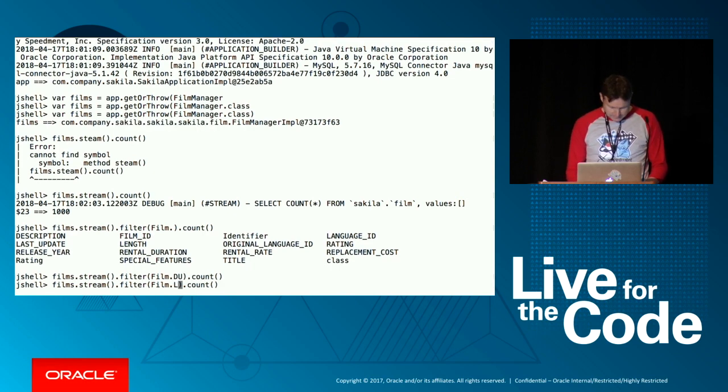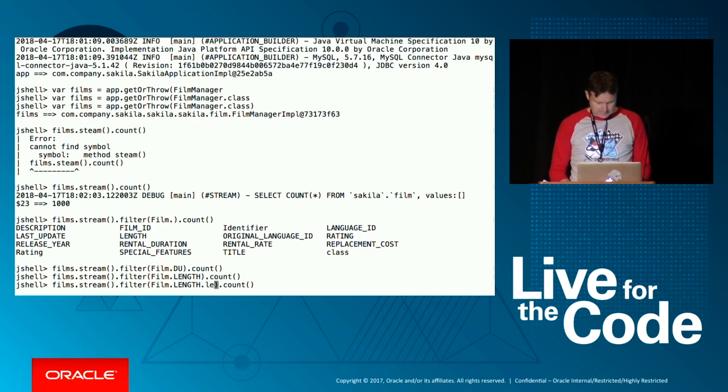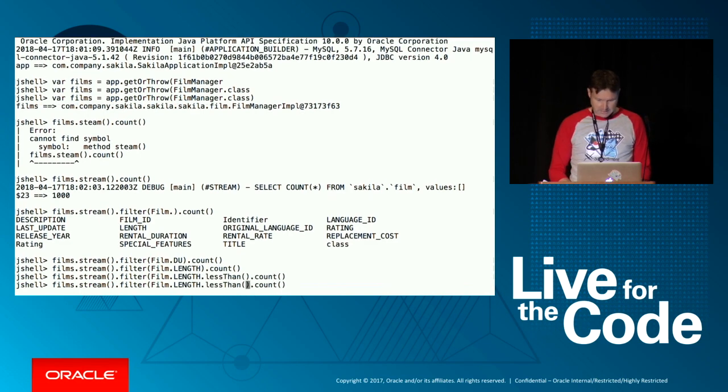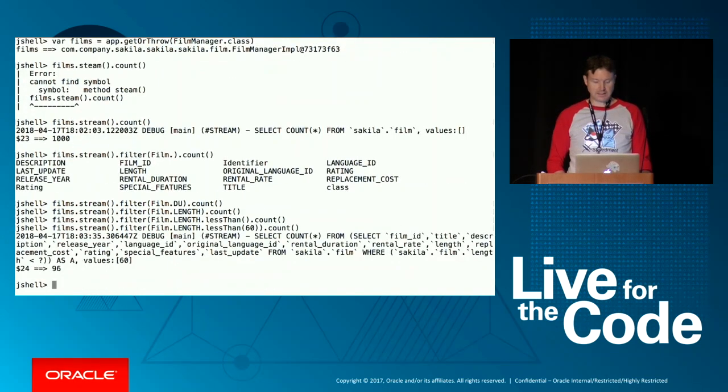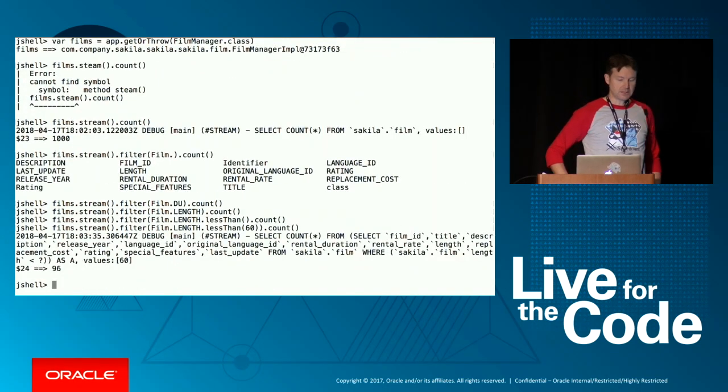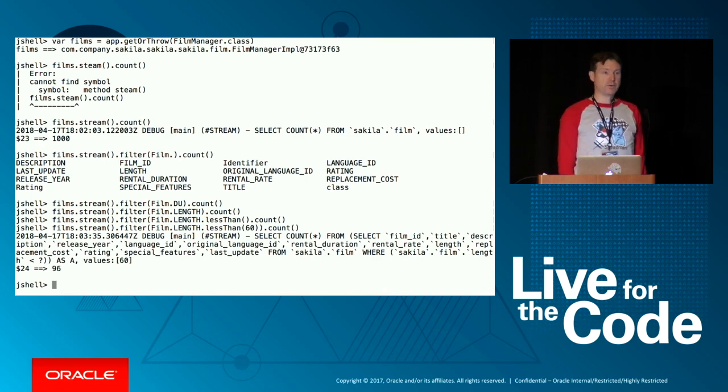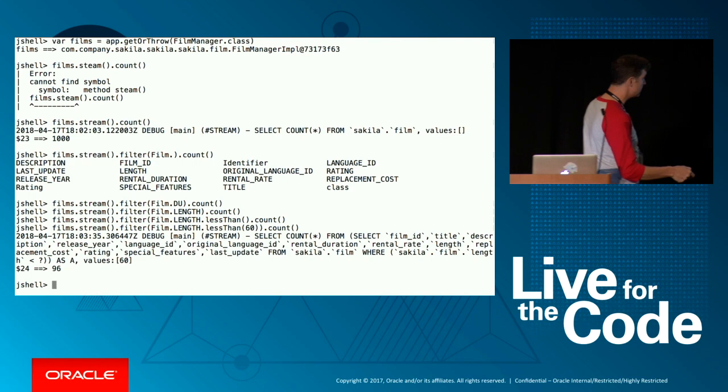Length, less than 60 minutes. So now count all the films with a length of less than 60 minutes. So now we can see it's a more complicated SQL query there. And you can see at the end that the 60 is there.